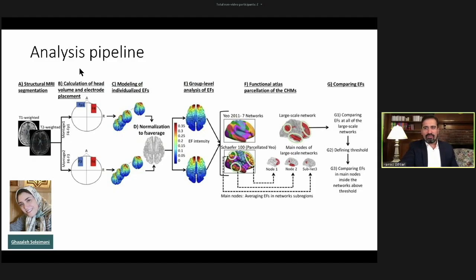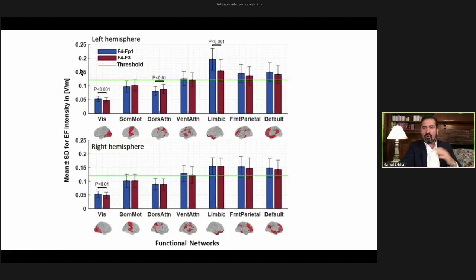Another really brilliant PhD student, Ghazale, has done a really nice job putting these things together in both larger scale networks and also in the nodes of different networks, and explored how we can do the integration and what the networks are that would be affected more or less with different stimulation protocols.